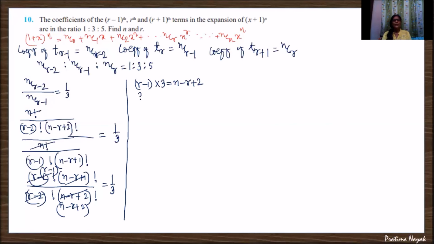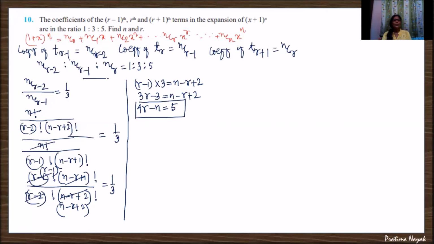Or I am getting 3r-3 = n-r+2, or 4r-n = 5. Equation 1.